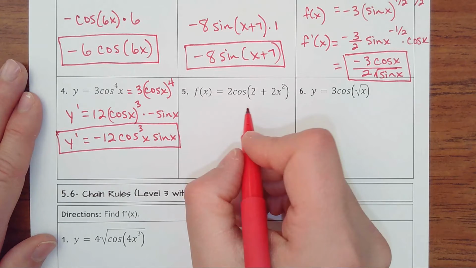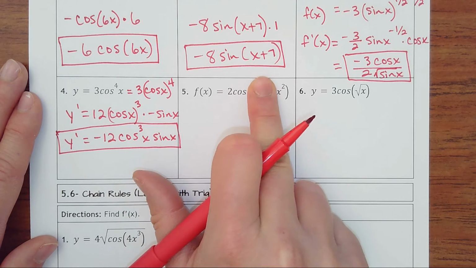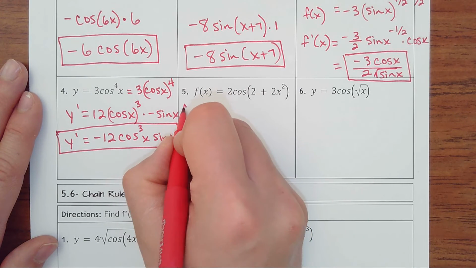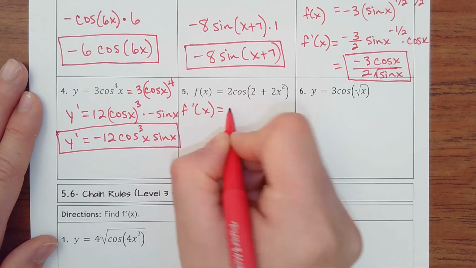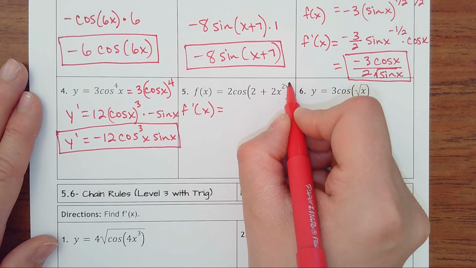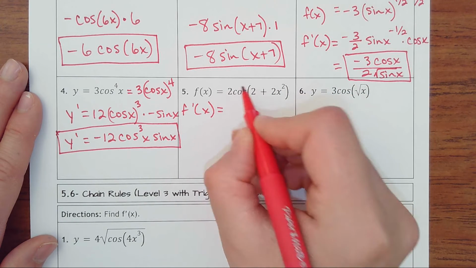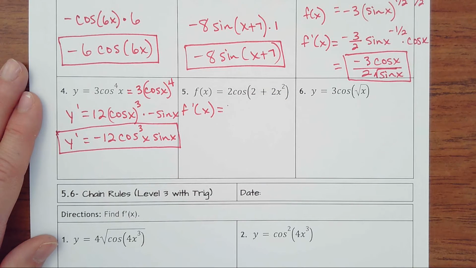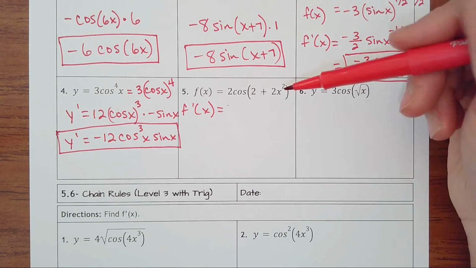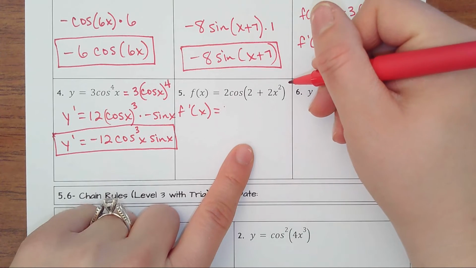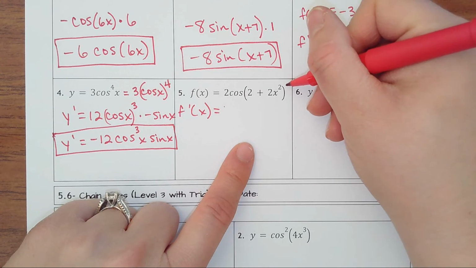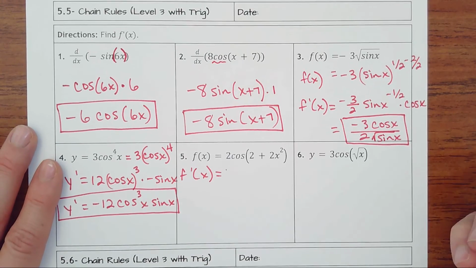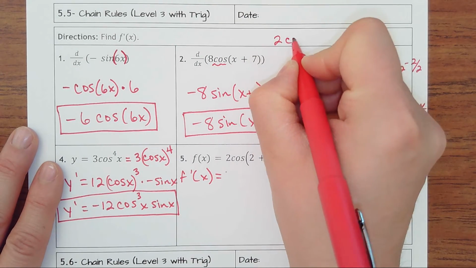Okay, number 5. So this is all our outer piece, the 2 cosine of x, and then this is our inner. I'm sorry, let me back that up. We don't even have to do power rule on this one. So it's really just the function, I'll write it off to the side, it's really just 2 cosine of x.